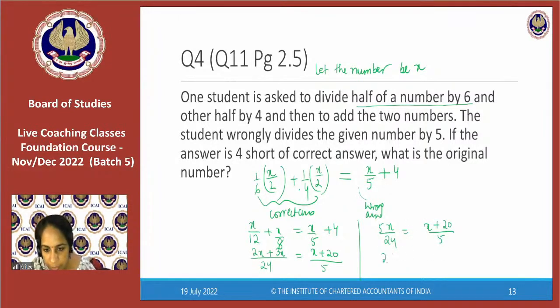Cross multiply. 25x is equal to 24x plus 480. So x is equal to 480 is the correct answer, which I have been getting from Raghav, from Divya, from Chirag. Good. Bhavna, Astha. Yes, you're allowed to use calculators. Absolutely.